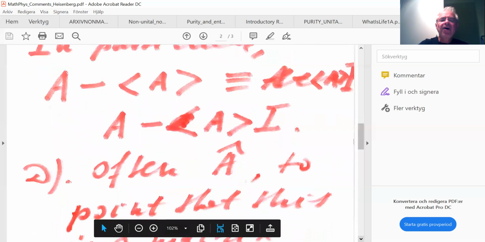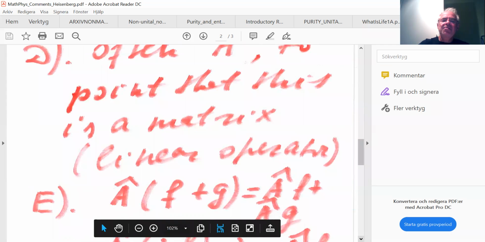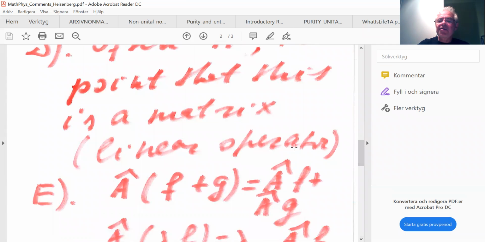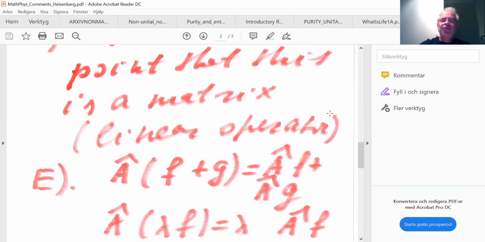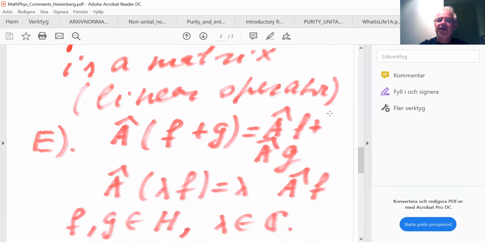Okay. In physics, they often put hat over operator. In some way, it points out that this is matrix or operator, so linear operator. Matrix is just representation of linear operator. I don't know whether you had this notion in algebra. I really hope that you had course in linear algebra, but for your convenience, I recall to you what is linear operator.